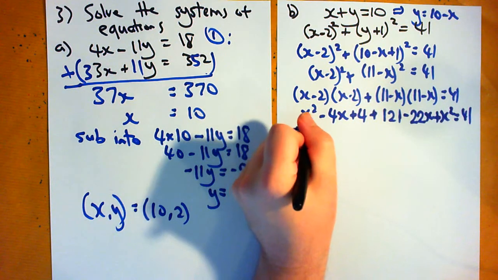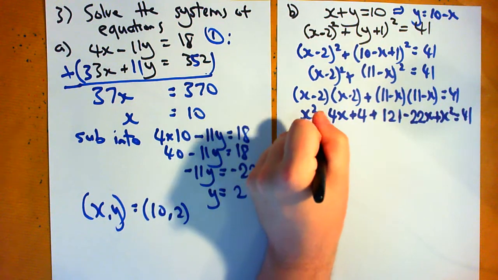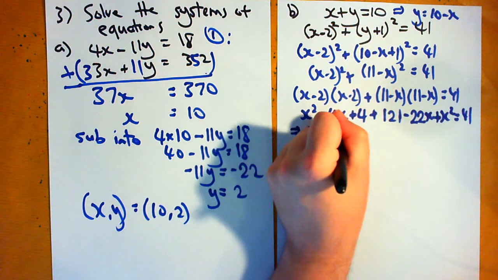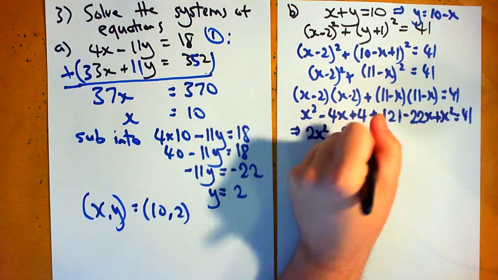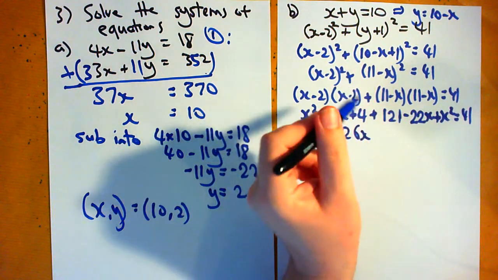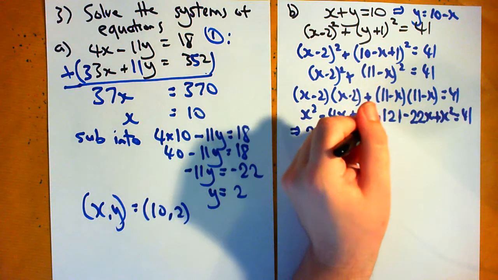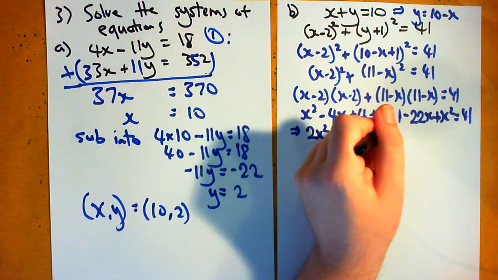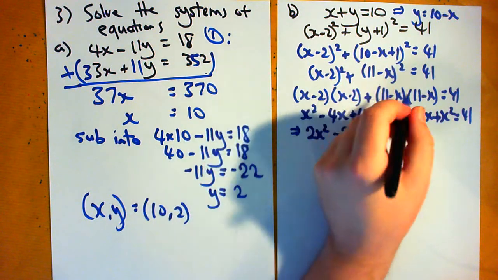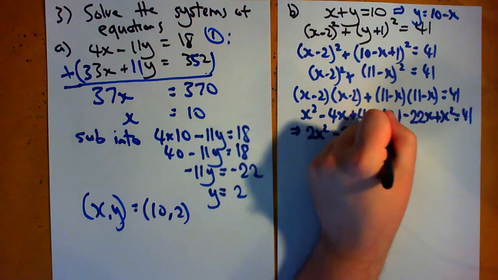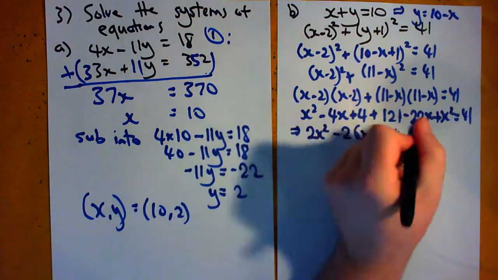That gives us a 2x squared. We've got a minus 4x and a minus 22x gives us minus 26x. We've got a 4 plus 121, which is 125, minus 41 is 84, so that's going to be plus 84 equals 0.